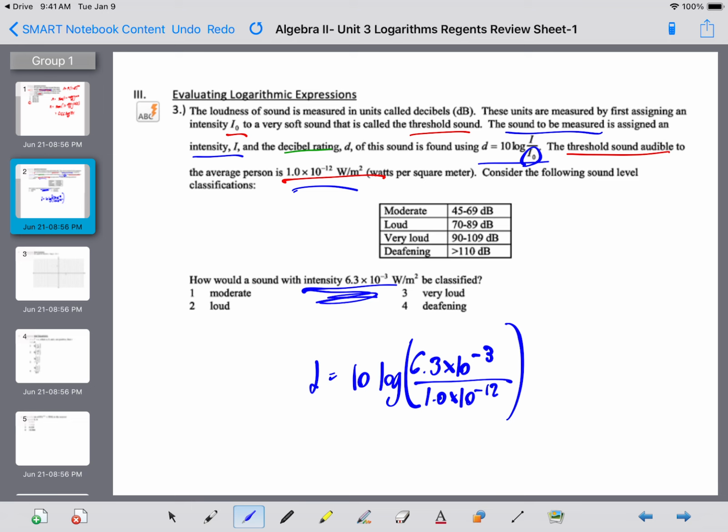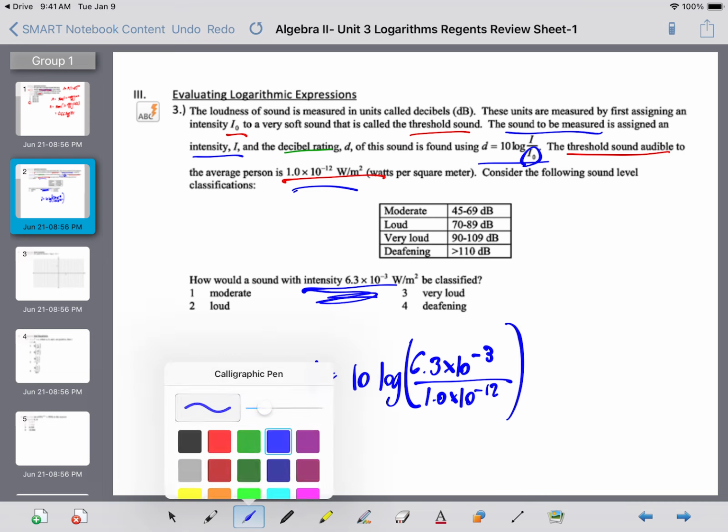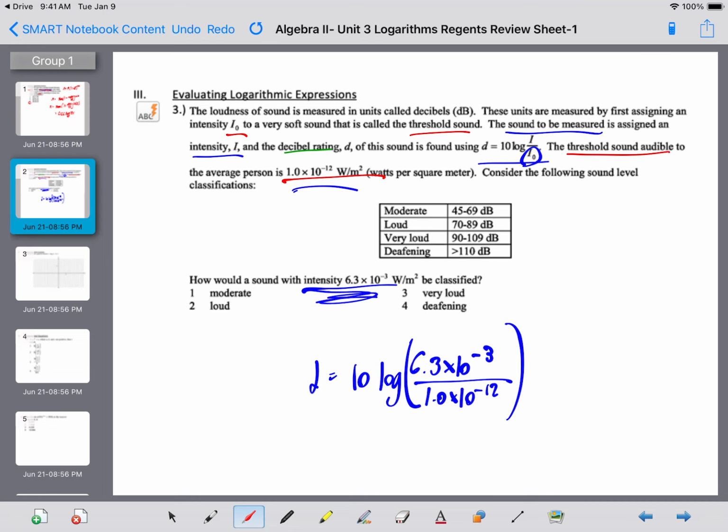Put that in your calculator. Technically it's all multiplication and division, so you really don't need these.